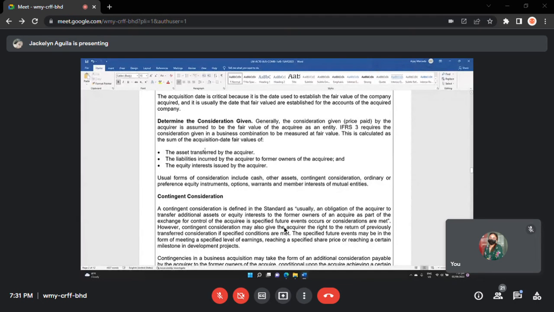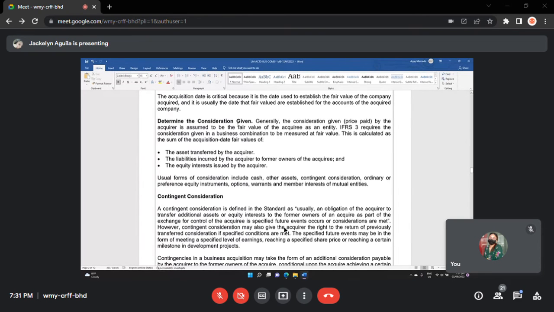Determine the consideration given. Generally, the consideration given, the price paid by the acquirer, is assumed to be the fair value of the acquiree as an entity. IFRS 3 requires the consideration given in the business combination to be measured at fair value.